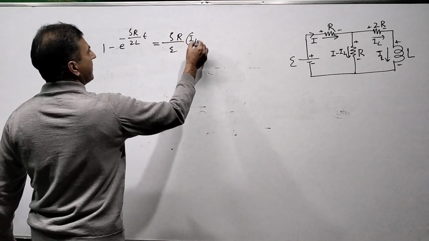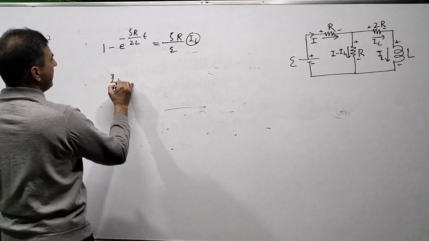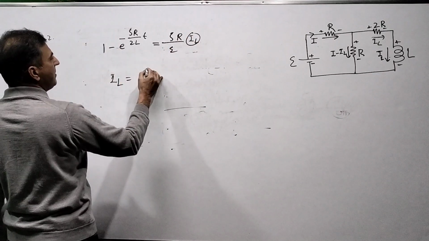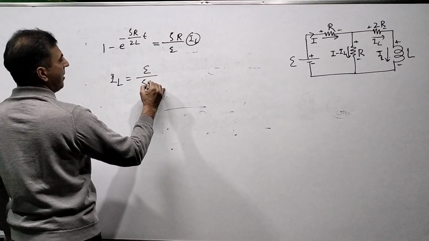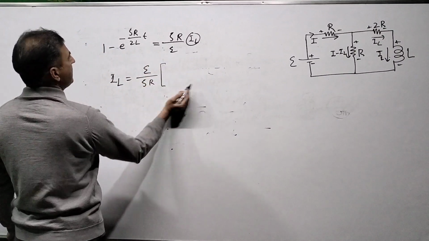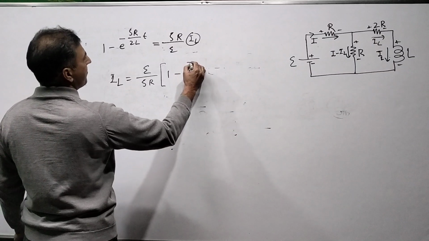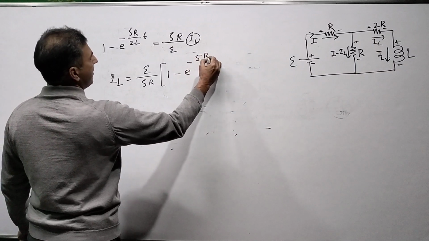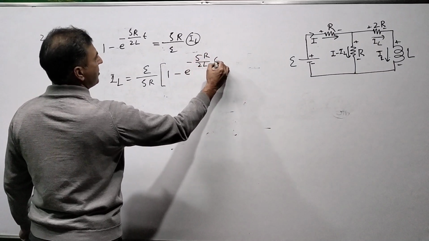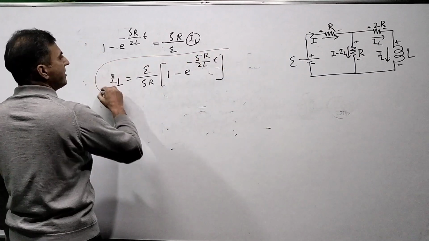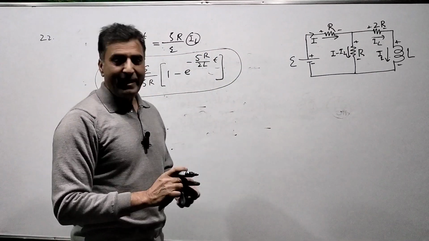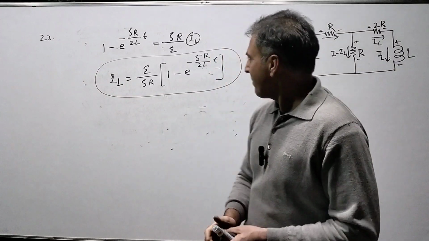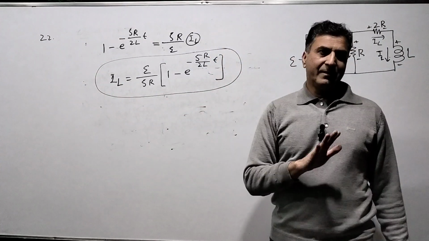Now what is IL? IL is equal to this E by 5R, this way, 1 minus e raised power minus 5R by 2LT. That is the answer for the current build up in the inductor. This is the expression for the current.